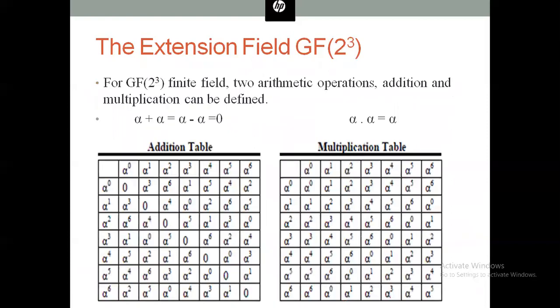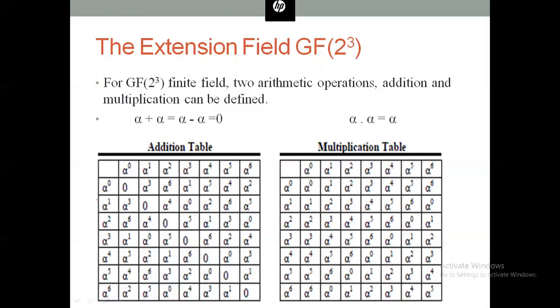So let's go on with the addition and multiplication rules. We have the multiplication operation and the addition operation represented here.